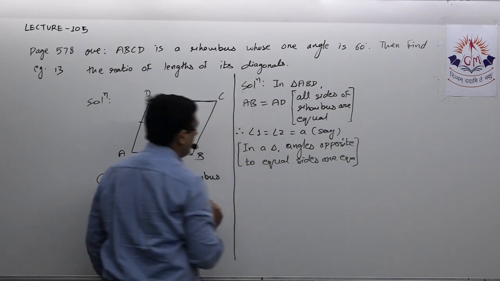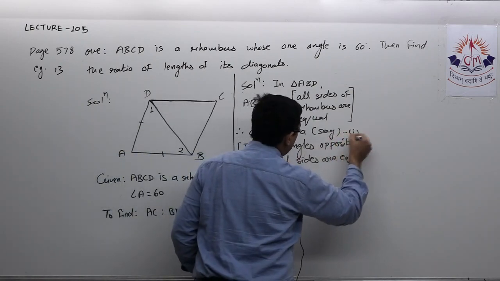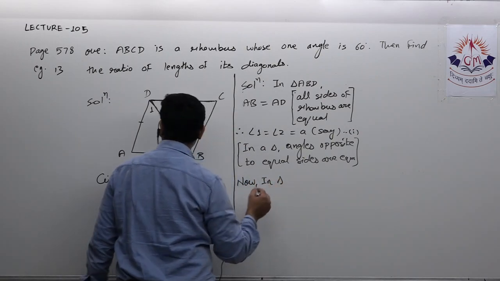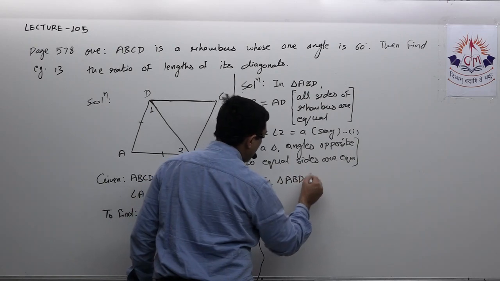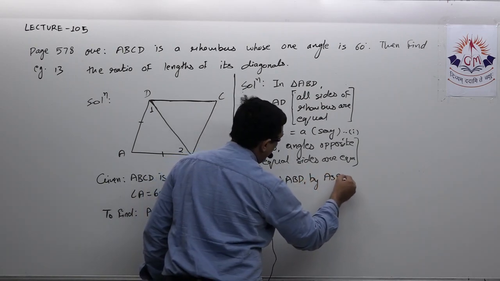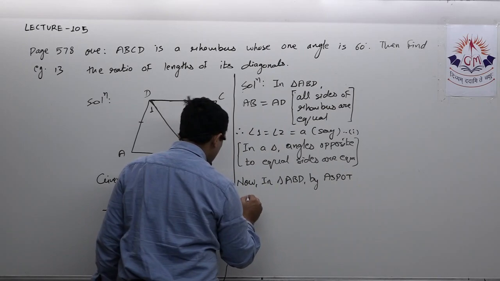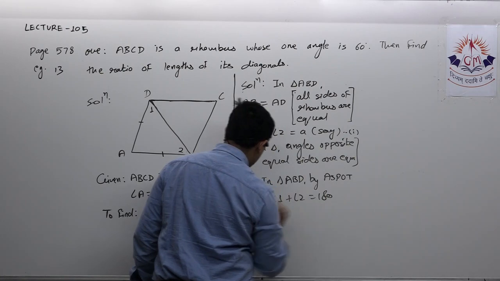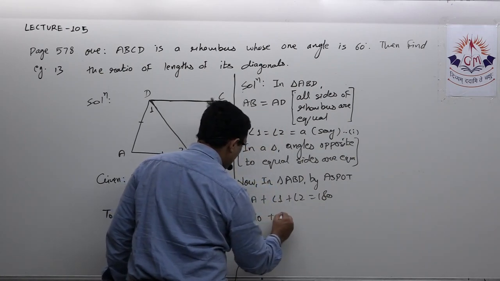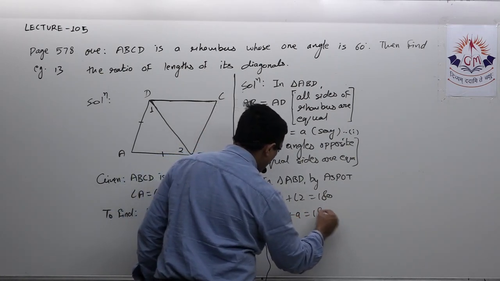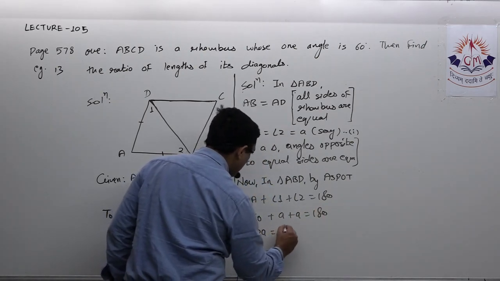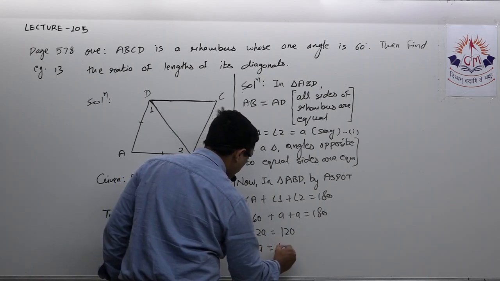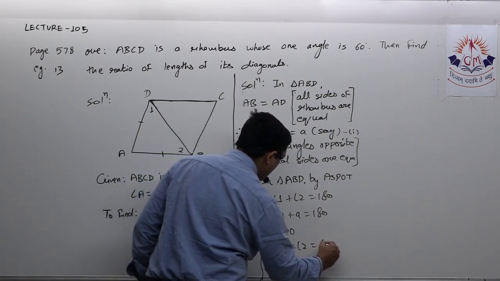So angle 1 equals angle 2 equals A. Now in triangle ABD, by angle sum property of a triangle, I can write angle A plus angle 1 plus angle 2 is equal to 180. Therefore 60 plus 2A is equal to 180. Therefore 2A is equal to 120. Therefore A is equal to angle 1 is equal to angle 2 is equal to 60.